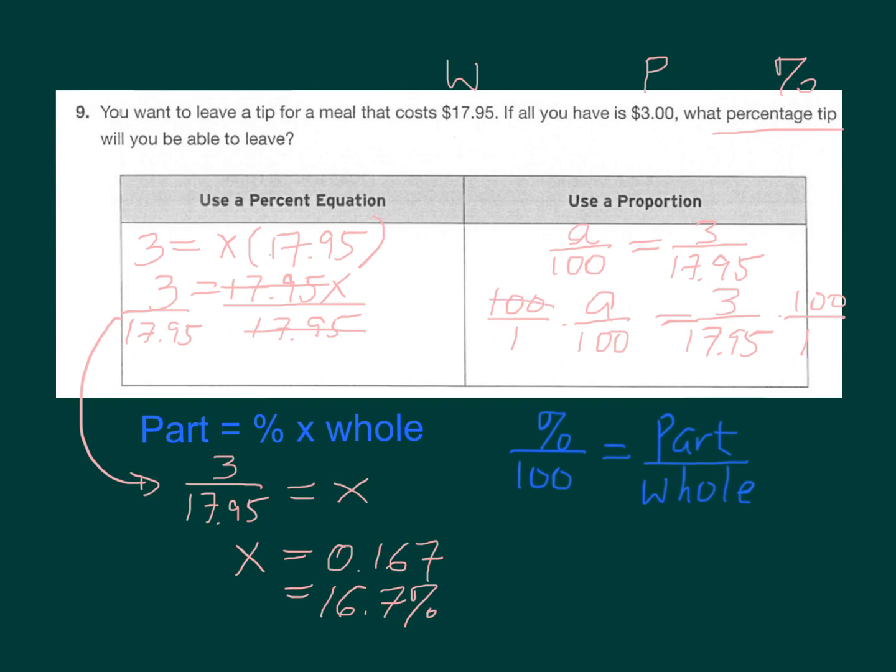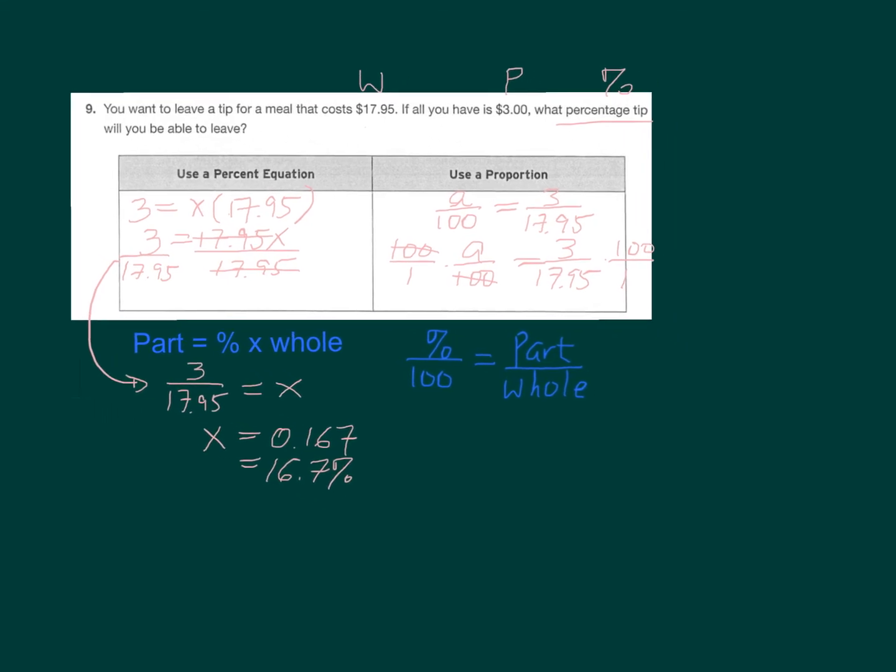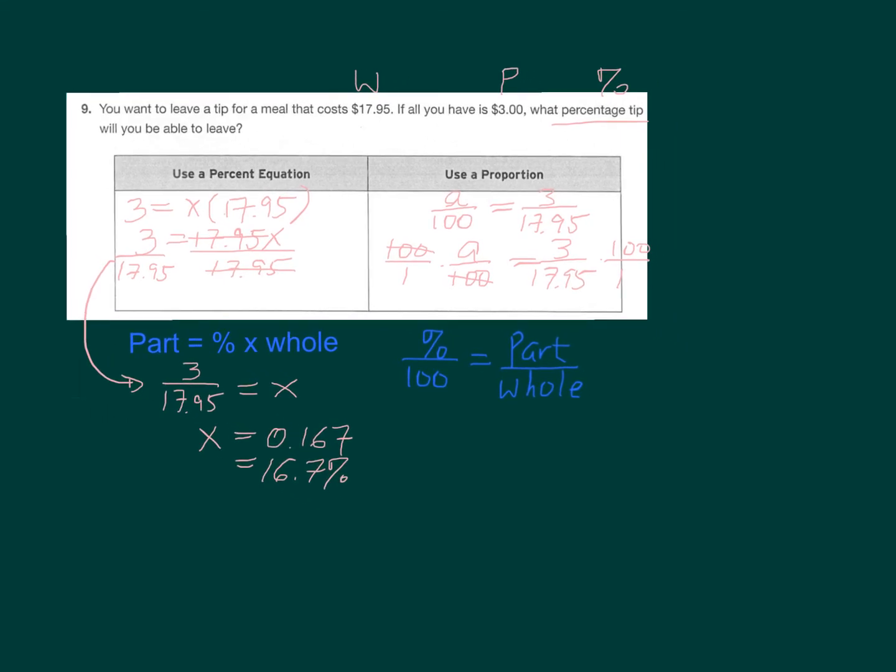Okay, so I'm canceling out the 100. And then the other side, 3 times 100 is going to give you 300. Okay, so more space. So I'm moving this down. So it is, on the left side is x, the right side is 300 over 17.95.